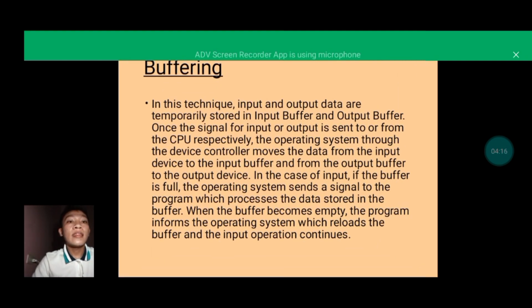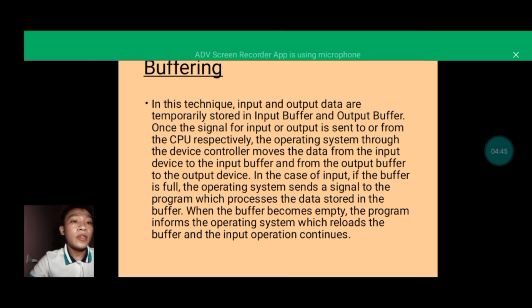Next, buffering. In this technique, input and output data are temporarily stored in an input buffer and an output buffer. Once the signal for the input or output is sent to or from the CPU respectively, the operating system, through the device controller, moves data from the input device to the input buffer and from the output buffer to the output device.